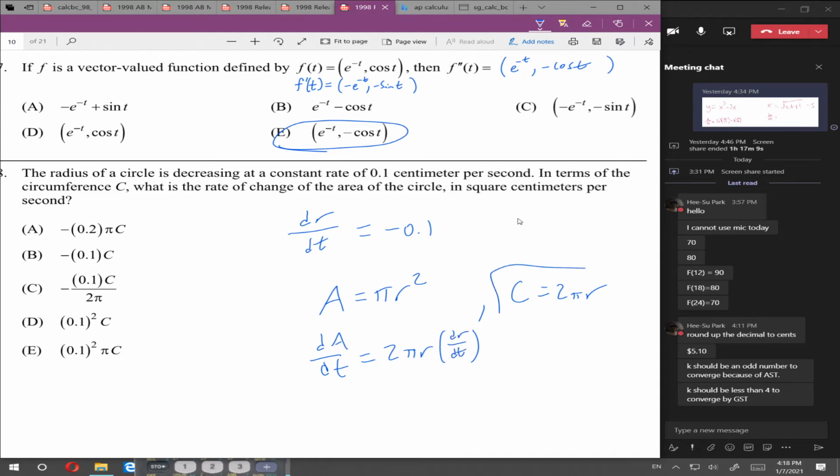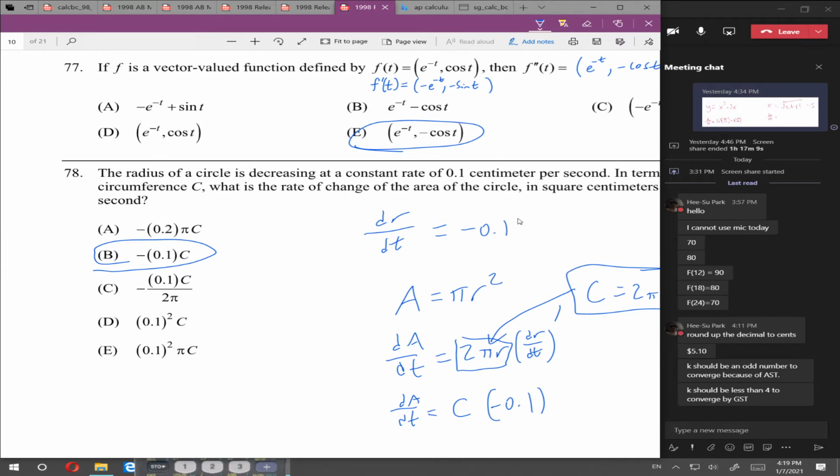If our circumference is 2 pi r, then I can substitute. So dA over dt is equal to our circumference times dr over dt, negative 0.1. So this one is B.